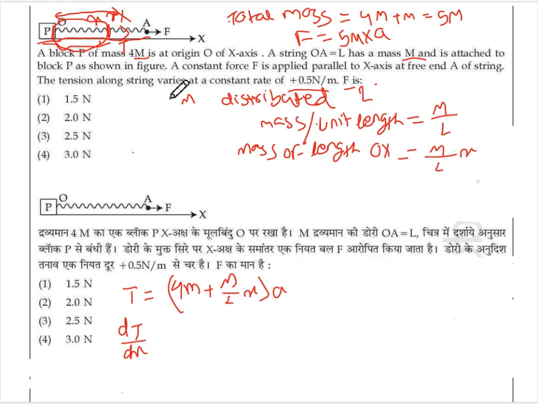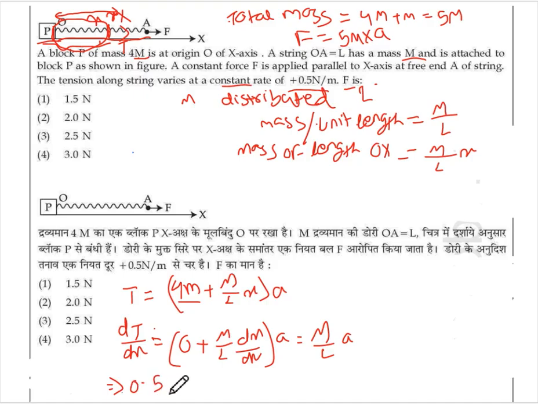The constant part becomes 0, and the other part becomes m by L into dx by dx into a. Since dx by dx cancels out, we get m by L into a. Now we put in the values: 0.5 equals m by L into a. So from here the acceleration will become 0.5 L by m.